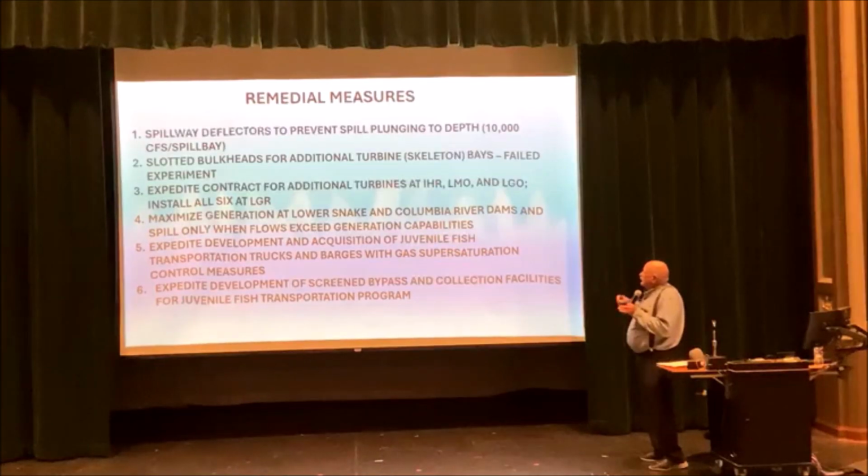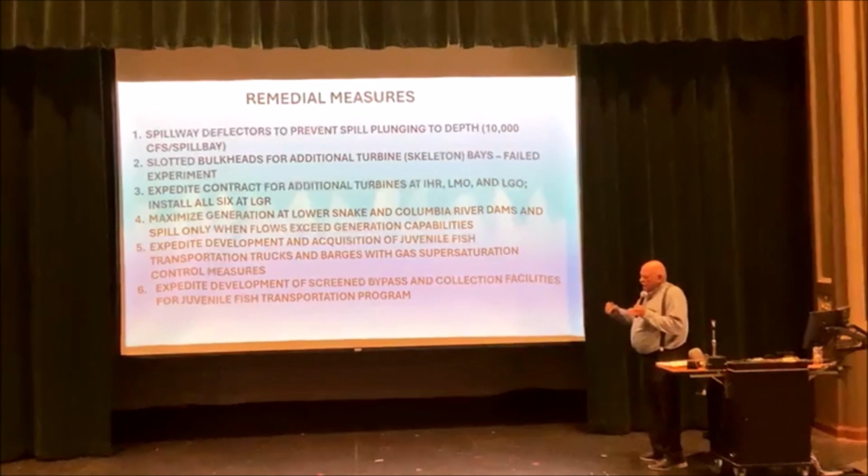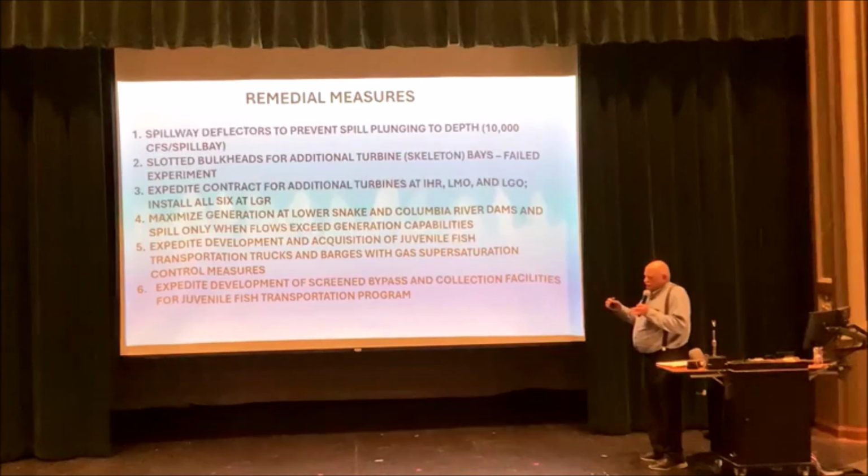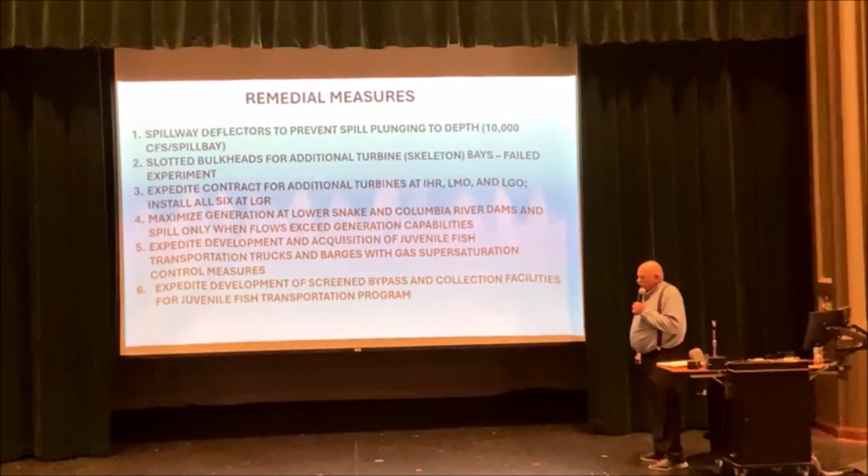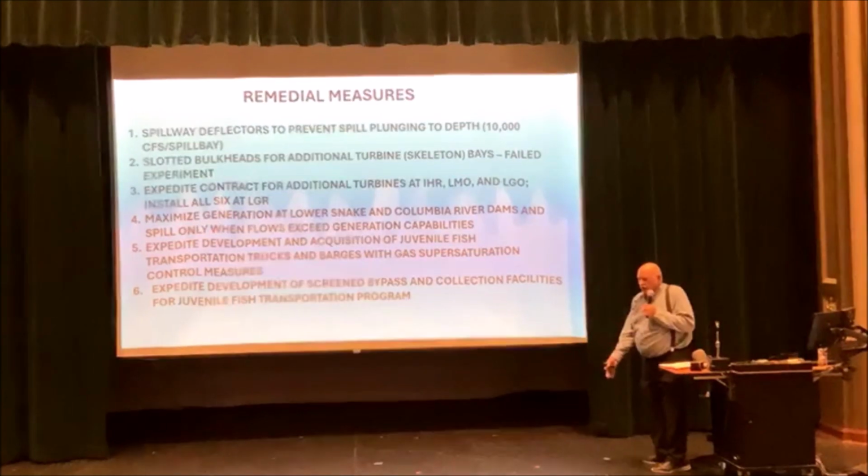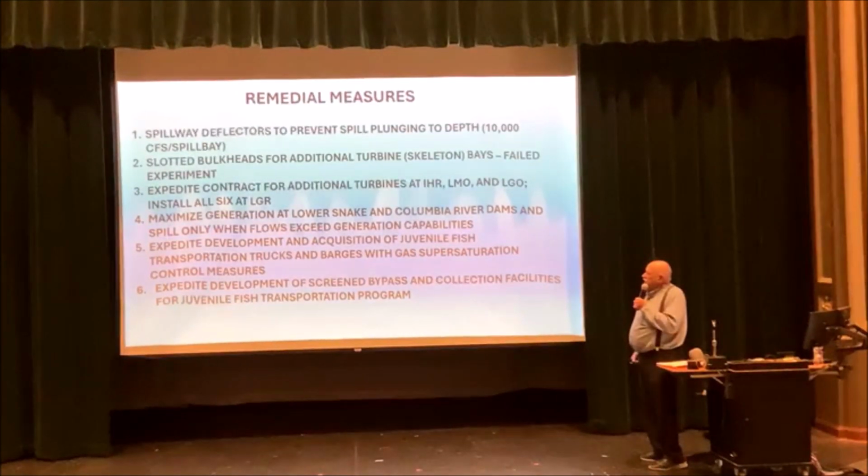So they came up with this idea of putting in some slotted bulkheads. There were steel bulkheads, weighing about 100 tons apiece. And they had funnel-shaped openings, and they dissipated the energy as the water went out through the tail race of the turbine without adding any gas.